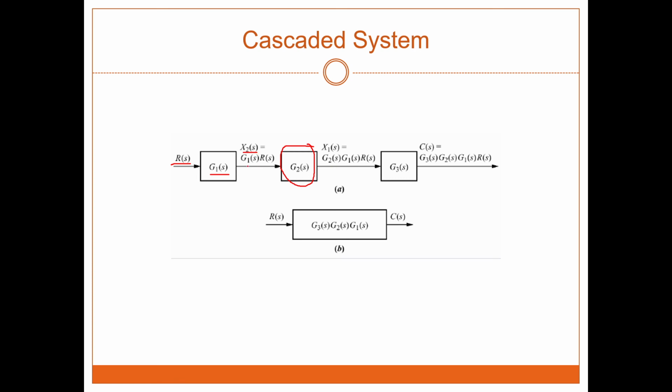So we multiply G1 Rs multiplied by G2, and then it becomes the input to this one and is multiplied again. So this is cascaded, meaning this input cascaded into this output, which becomes the input of this one.